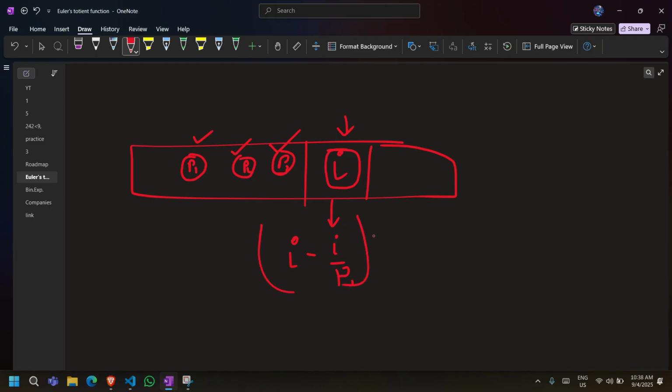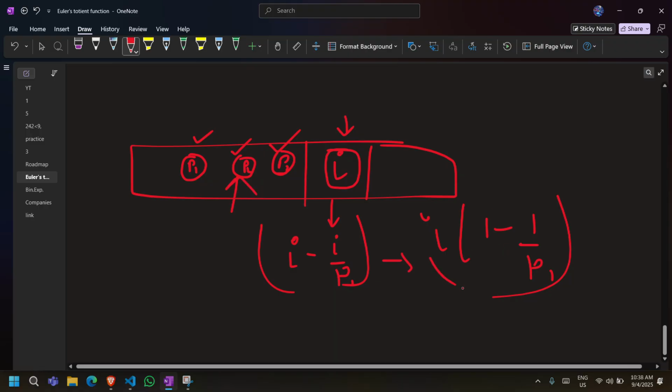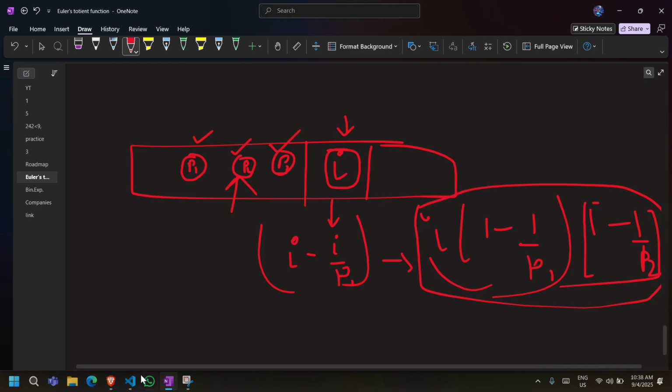Take i common: i into 1 minus 1 upon p1. And then when I reach p2, again I am doing this number minus equals this number divided by p2. When you take common, you will get 1 minus 1 upon p2, right? So this boils down to the same formula. That's why I am doing this.